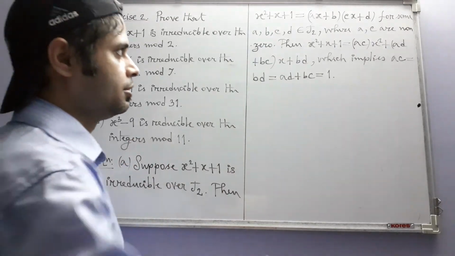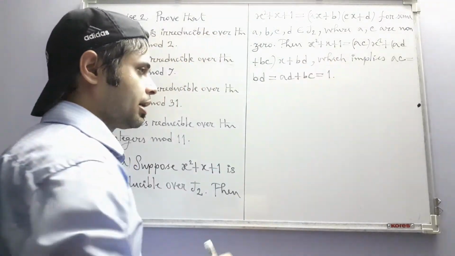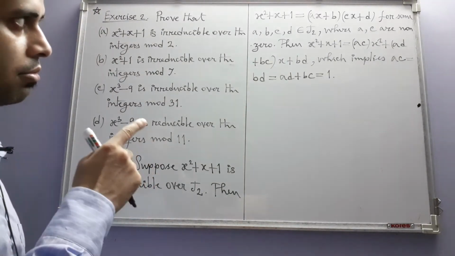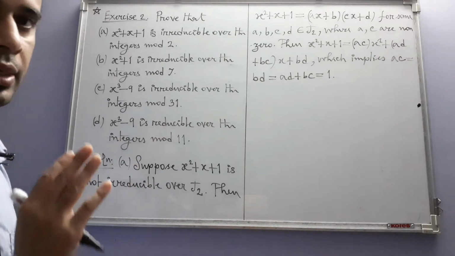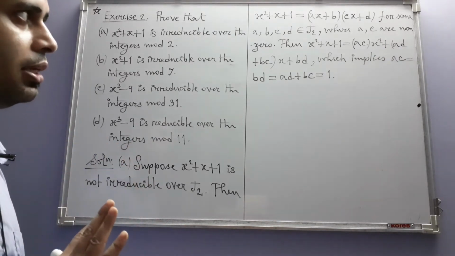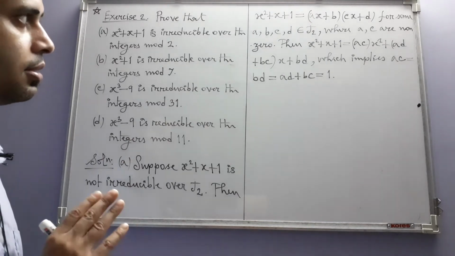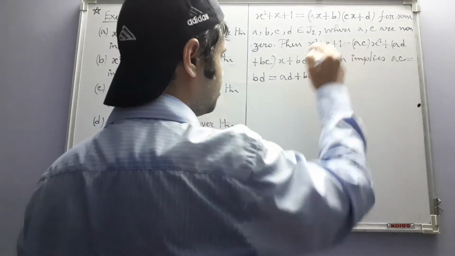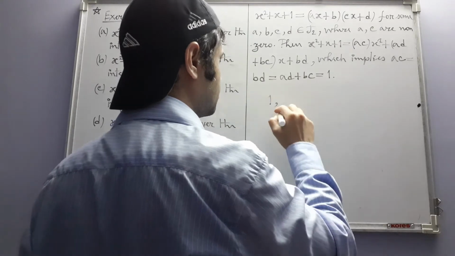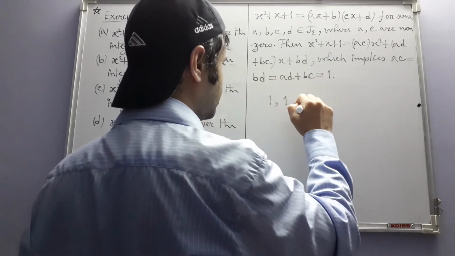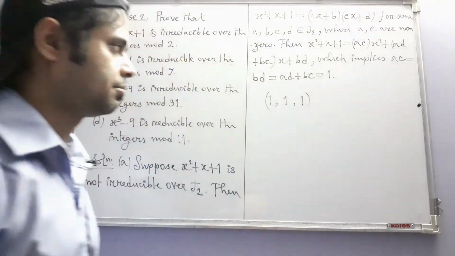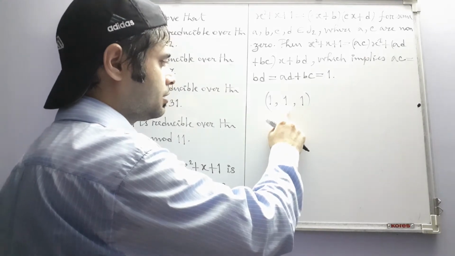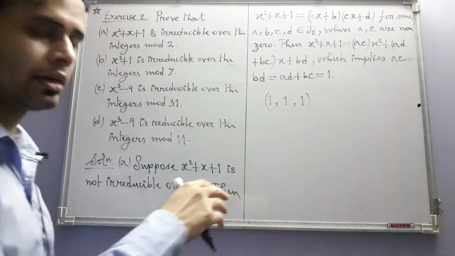Keep one thing in mind. This is not to be treated as a function of x, because we are now in a polynomial ring where x is an indeterminate. X has no separate meaning attached to itself. X is just a placeholder, right? So this polynomial can easily be thought of as something like this, where this is the coefficient of x squared, this is the coefficient of x, this is the coefficient of x to the power 0.